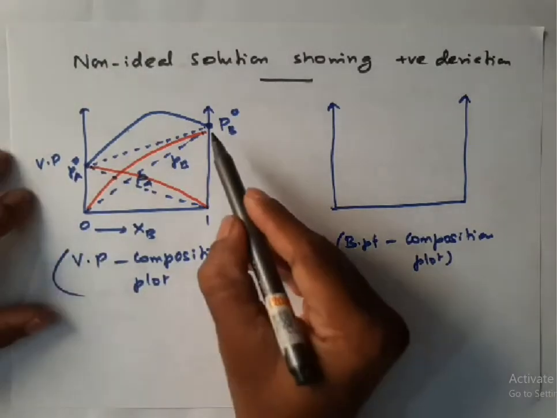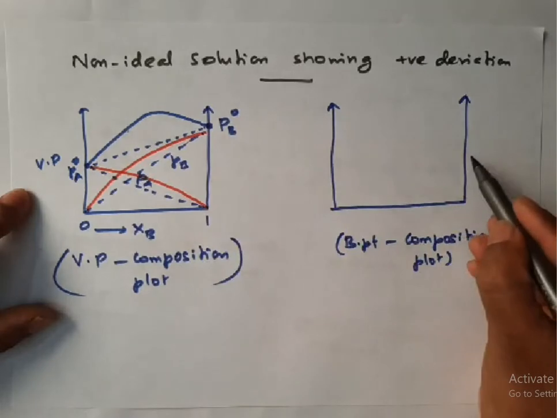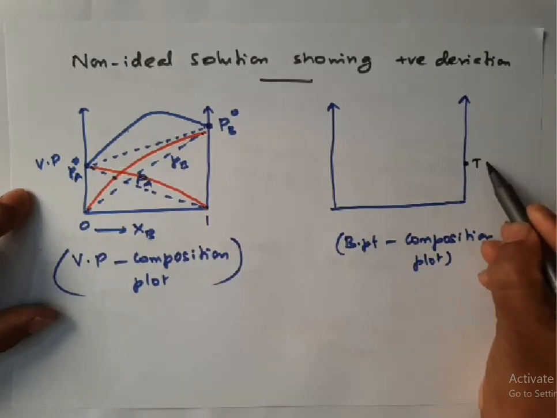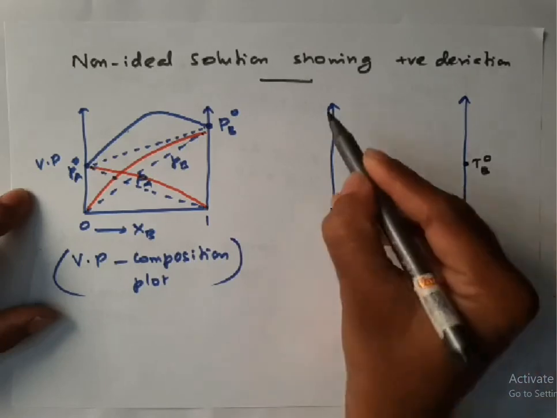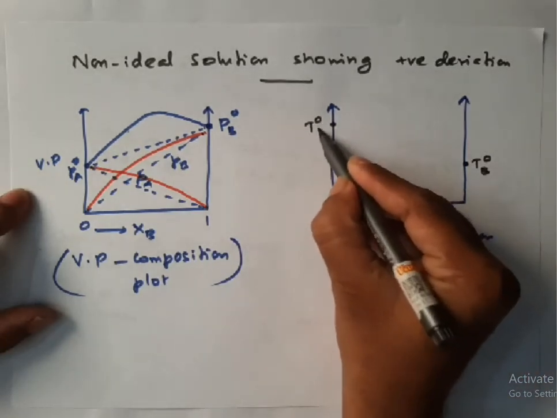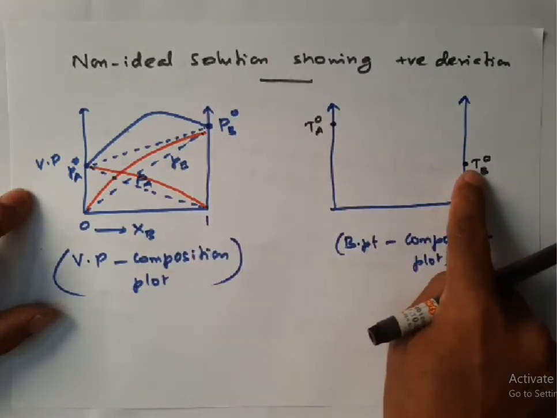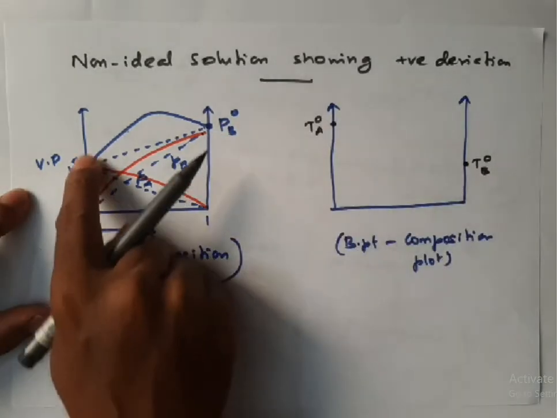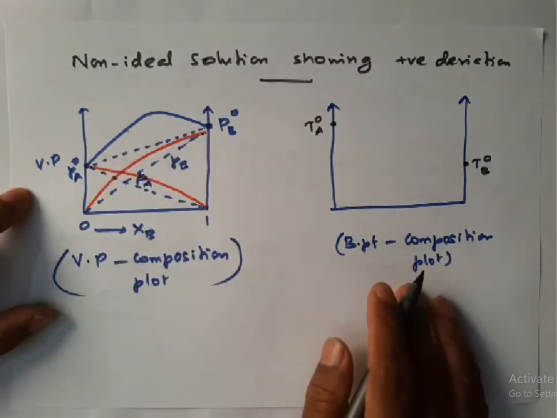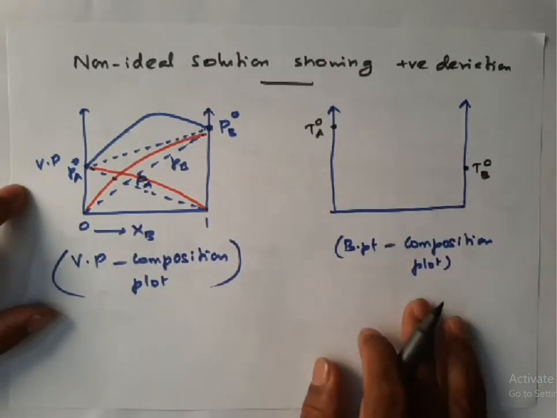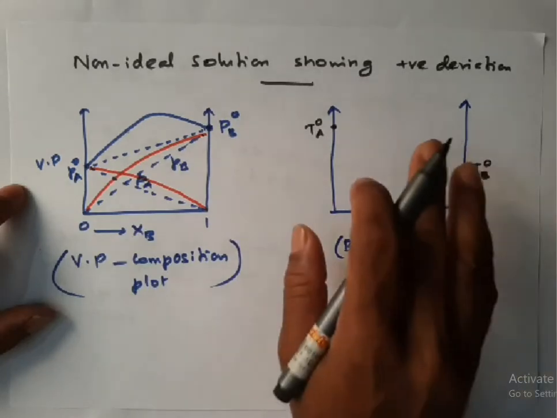Here I have told you, if vapor pressure is high, boiling point will be low. This is the boiling point of pure liquid B, and this is the boiling point of pure liquid A. The higher the vapor pressure, the lower the boiling point. The lower the vapor pressure, the higher the boiling point. That's the point. Students, observe this carefully.